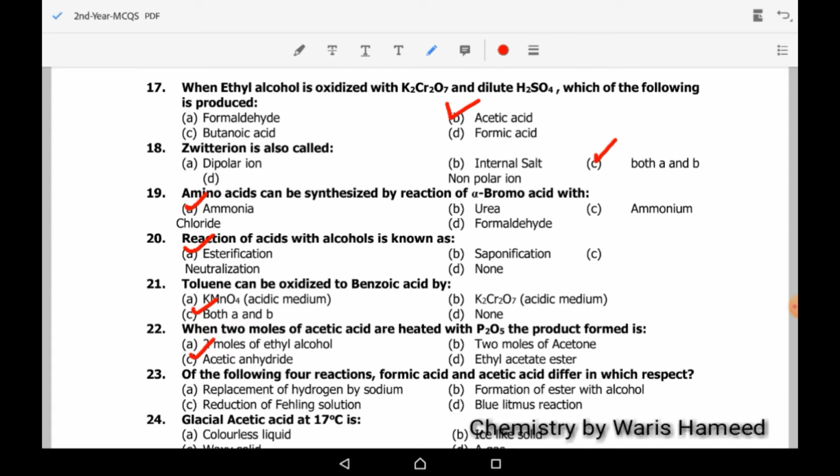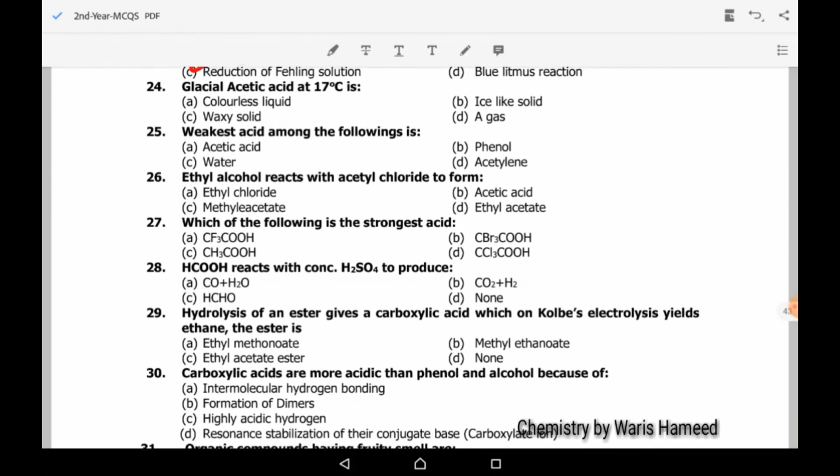When we react Fehling solution with formic acid, they form a red precipitate of copper oxide, and acetic acid does not give this reaction. Glacial acetic acid at 17 degrees Celsius is an ice-like solid.